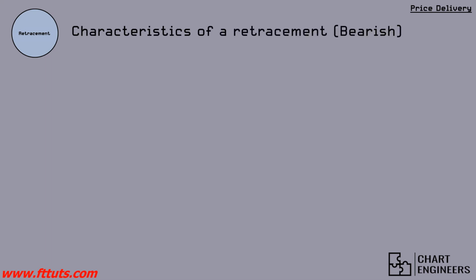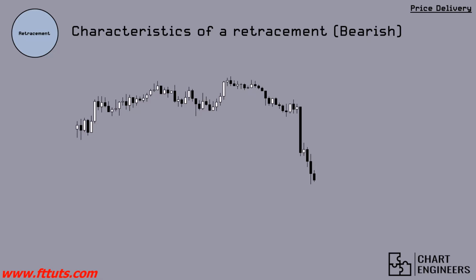The characteristics of a retracement in a bearish scenario. Here you can see how price is consolidating. Now you can see how price is expanding lower, leaving all types of inefficiencies. And one of them is fair value gaps, which has been discussed in the previous video.